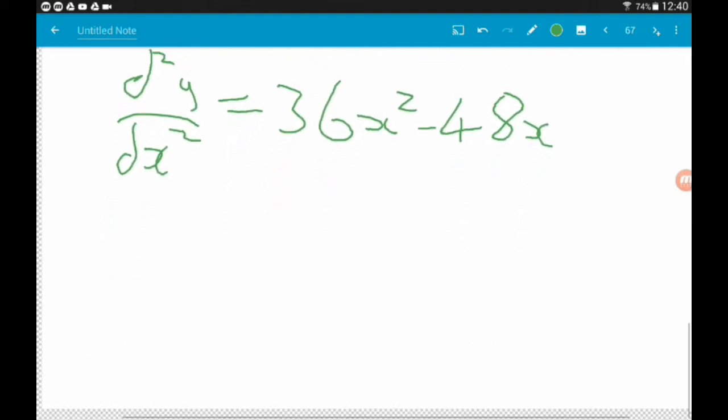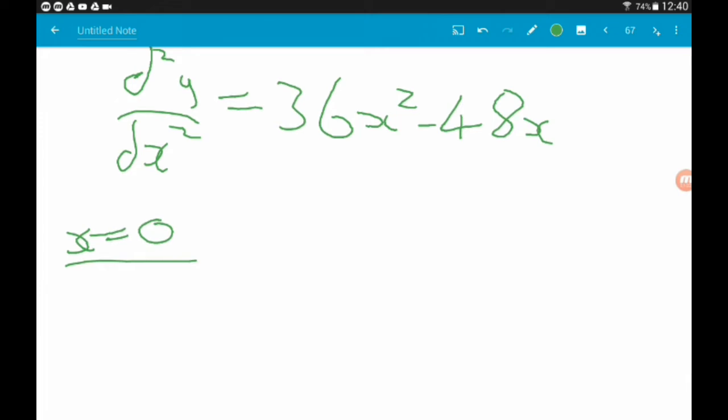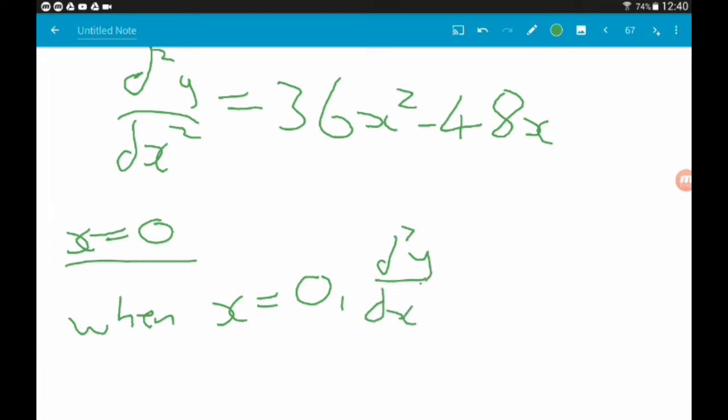So let's first of all look at when x is equal to 0. When x is equal to 0, the second derivative, sadly, is equal to 0. So the nature of the point is indeterminate using the second derivative.